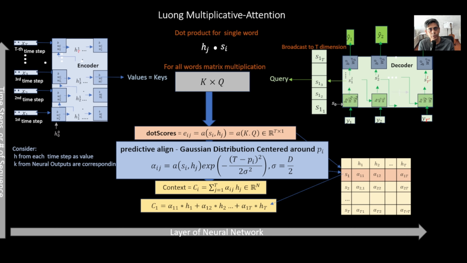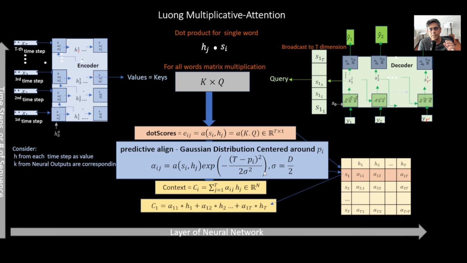In monotonic alignment, the maximum score should be focused on the current word, which is, if I am at the y1 step and the decoder also has a y1 value, they have a strong relationship. That was the assumption.